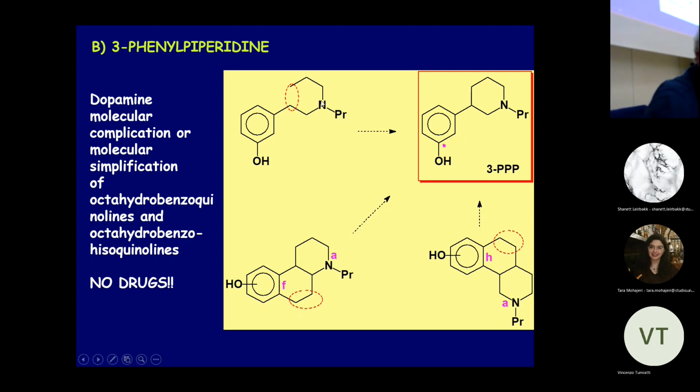Here you can see the strategy. They took the normal propyl chain of one of the substituents of nitrogen and they closed the ring, to give 3-phenylpiperidine.